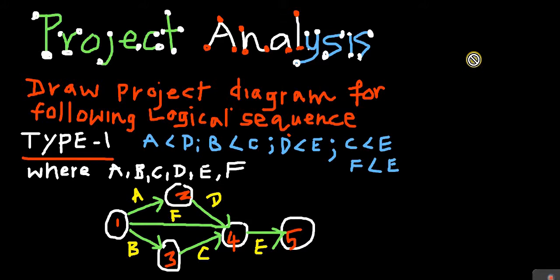So that project we are analyzing. But here in mathematics, in our case, we are doing the project analysis for optimum cost and optimum time. Optimum cost means minimum among minimum.